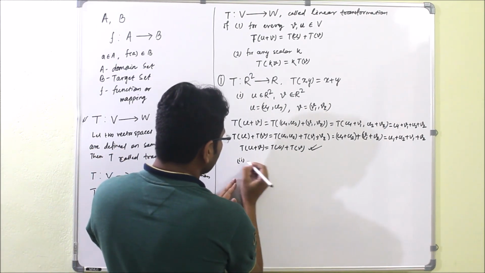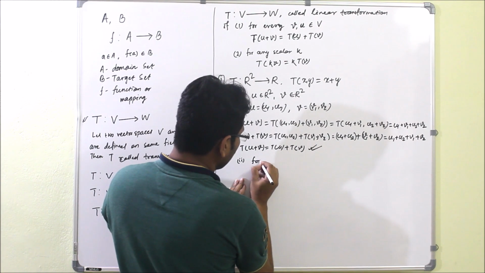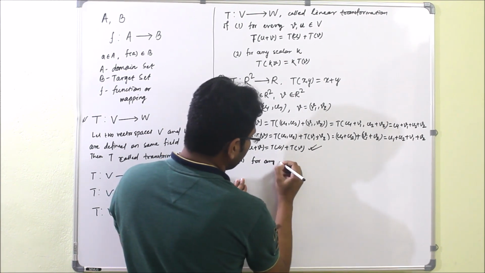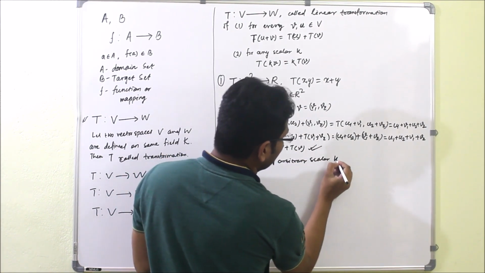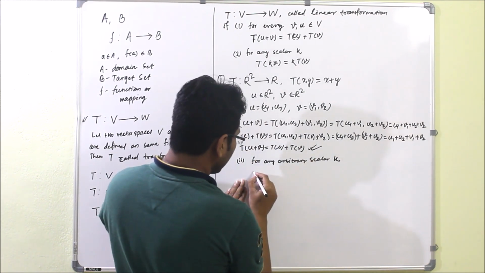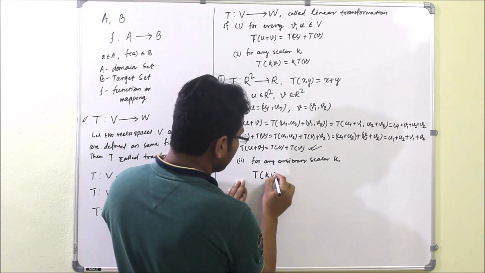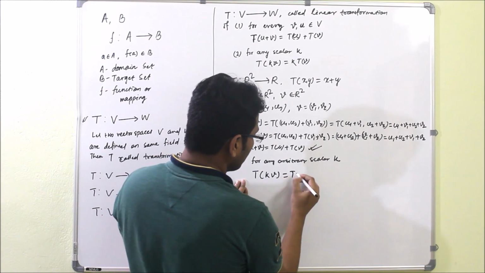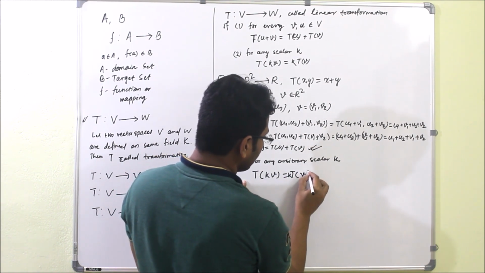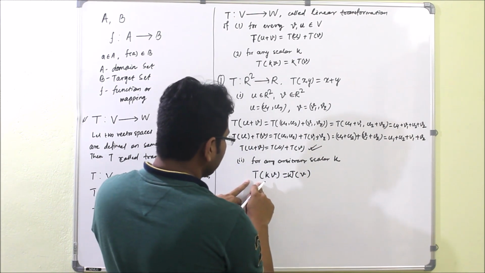Now we have to see the second property. For any arbitrary scalar k, we have to show that T of kv equals k into T of v. First we do the LHS part.